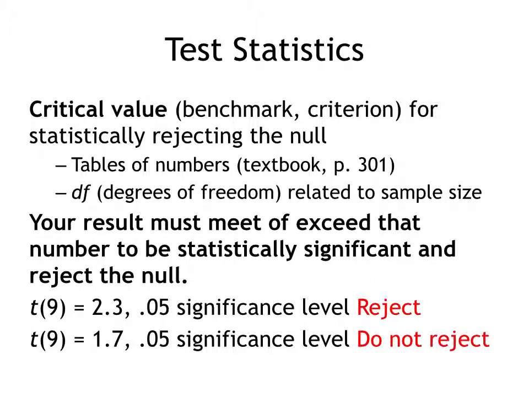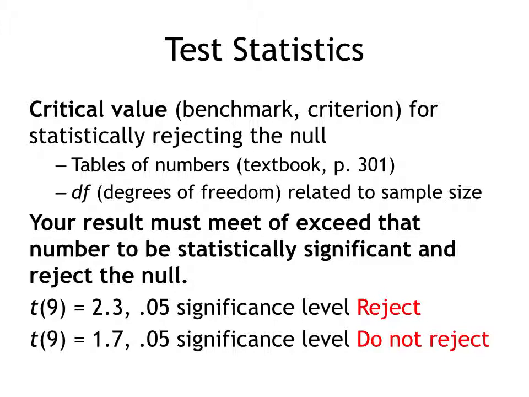Now, what we're doing when we run an inferential test is we are looking for a critical value in the test that we run. And that is the benchmark or the criterion for statistically rejecting the null. And if you look in your textbook on page 301, you'll see a table of numbers there.